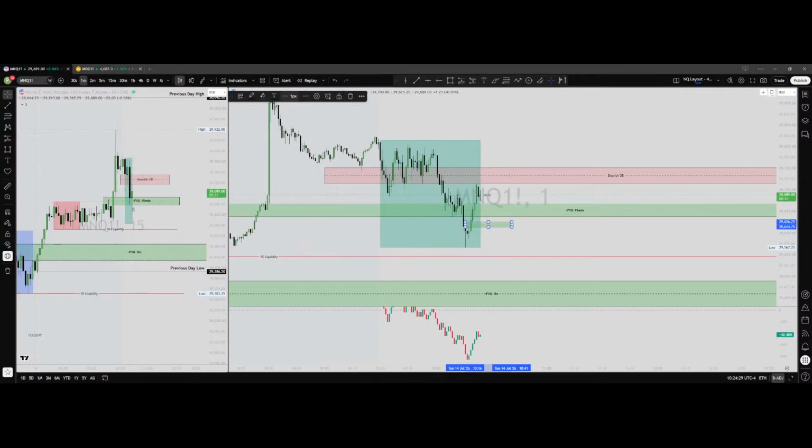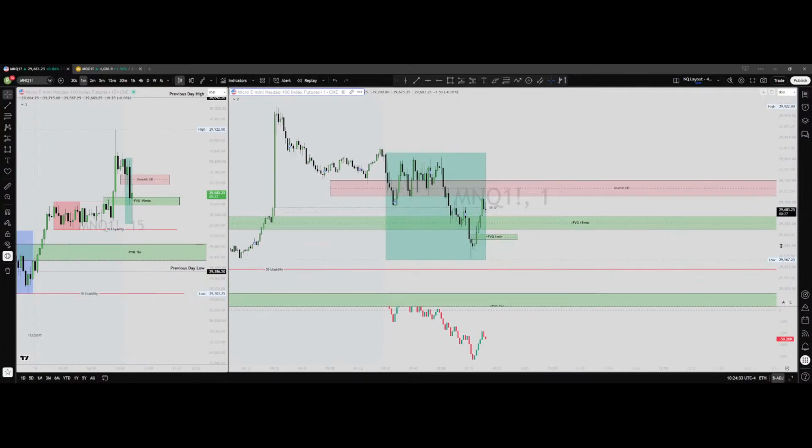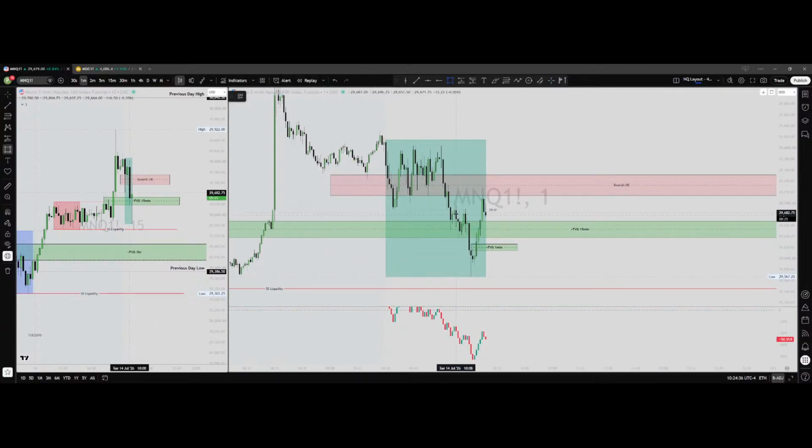So this is one of the fair value gaps. I'm going to mark here the first order block. This is going to be an order block right here, starts from this level, and it is also coinciding with this.